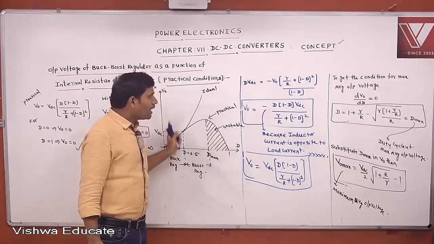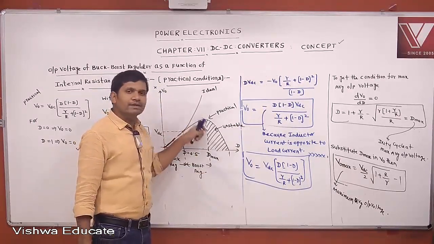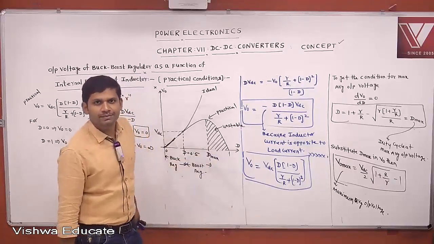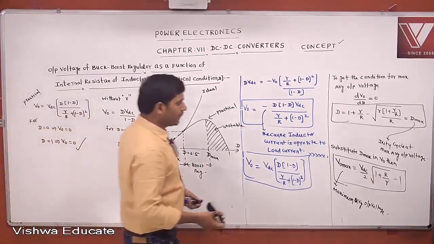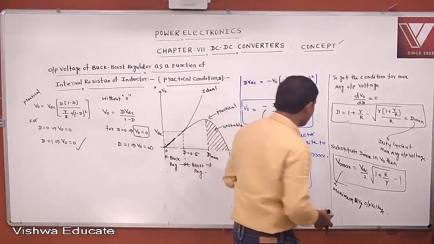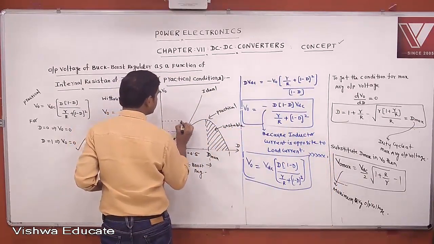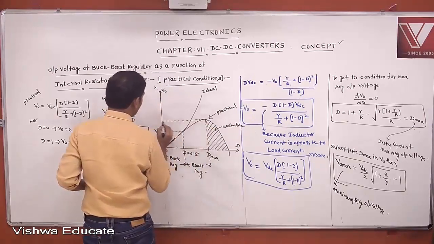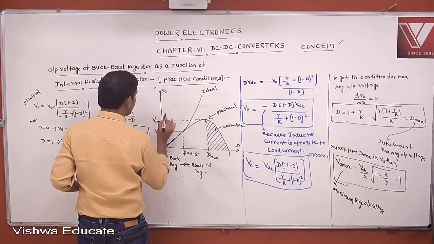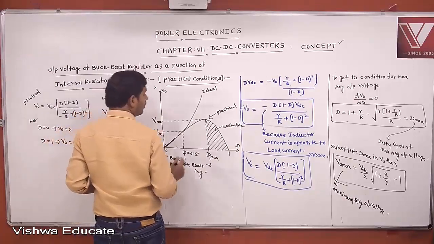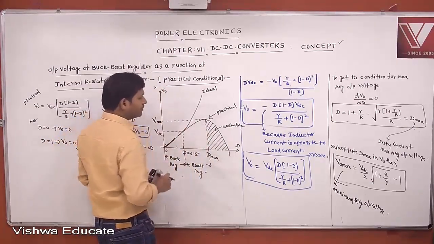This is the analysis of buck boost regulator by considering internal resistance of inductor. This value is the maximum value. For D corresponding to D max, we can get V naught maximum.